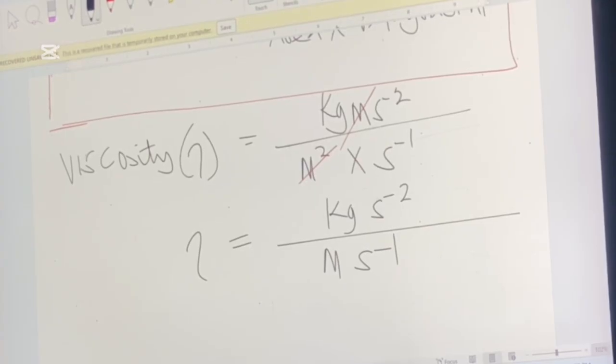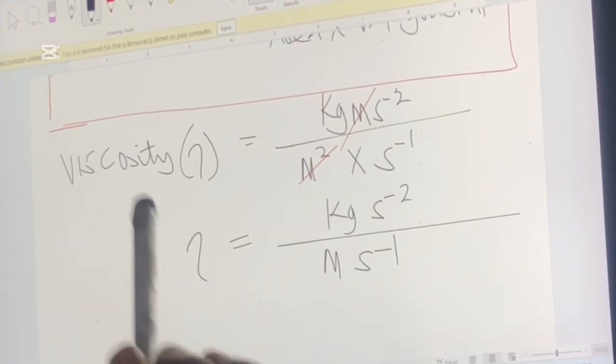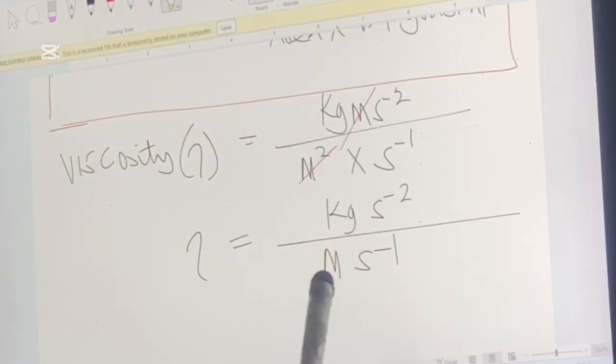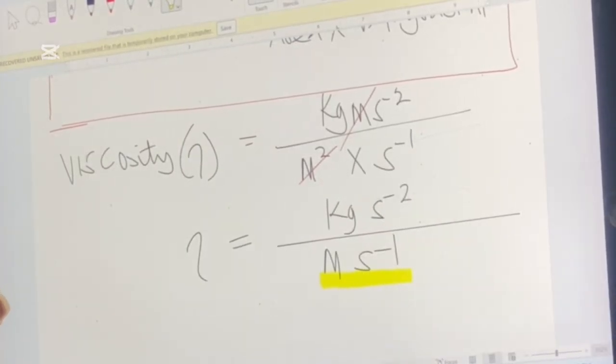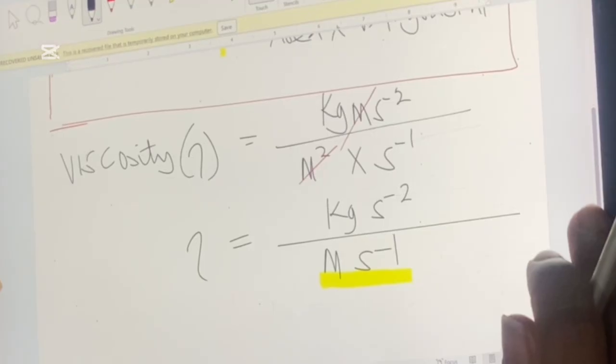That means you have to take anything at denominator to numerator. So doing that, I have to take this guy here, that is our denominator, to numerator. Remember, whenever you are taking anything from numerator to denominator, the sign of the power will change. So when you do that, class, we have something like this.